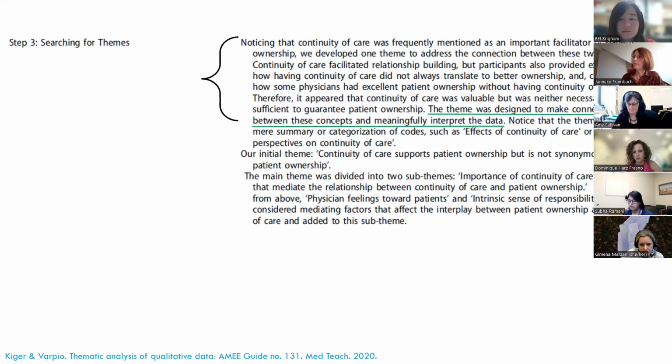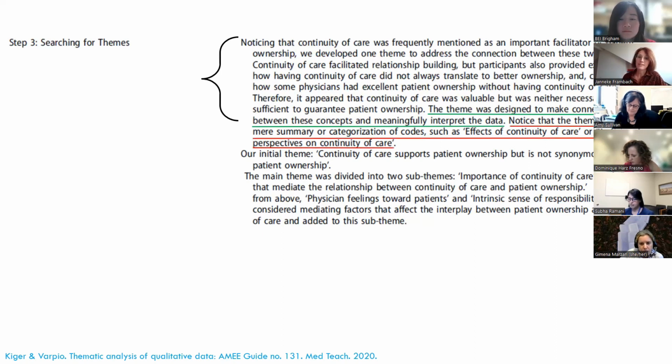And the green text shows, they stated the theme was designed to make connections between these concepts and meaningfully interpret the data. So your codes are not your themes. Your themes reflect relationships between your codes. And here in this worked example, you can see how the authors combined certain codes to come to a theme.